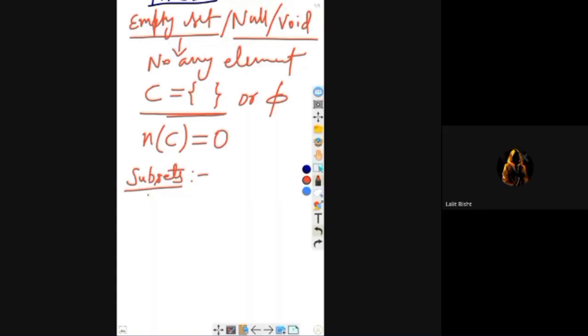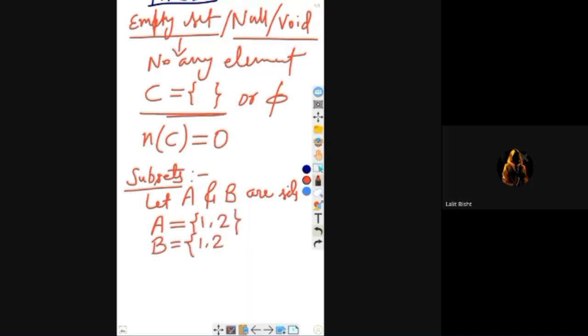Let A and B be two sets. If every element of A is in B, I am taking an example. Look here, set A has elements 1, 2, and set B has elements 1, 2, 3, 4, 5.